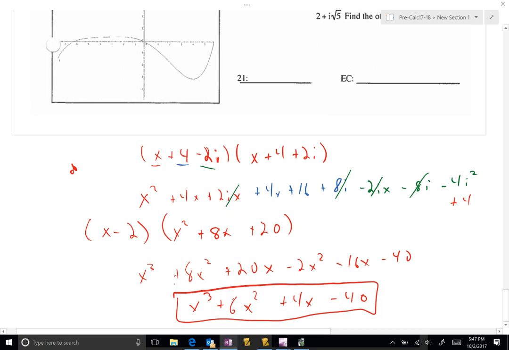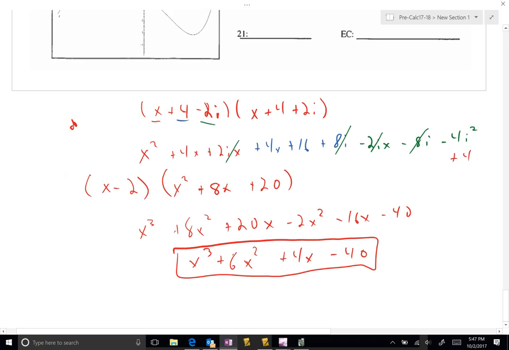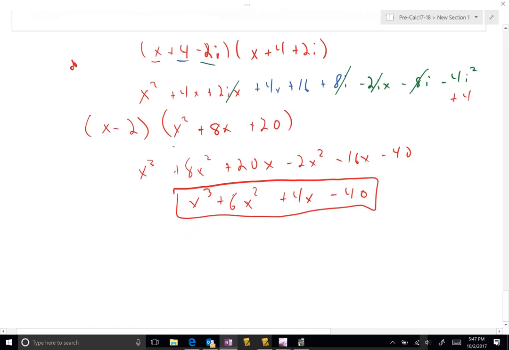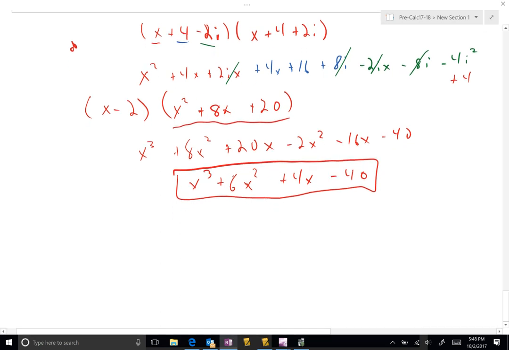All right, so then we have left, or sorry, our other way of finding this quadratic is if we had used the formula x squared minus the sum of roots x plus the product of roots.